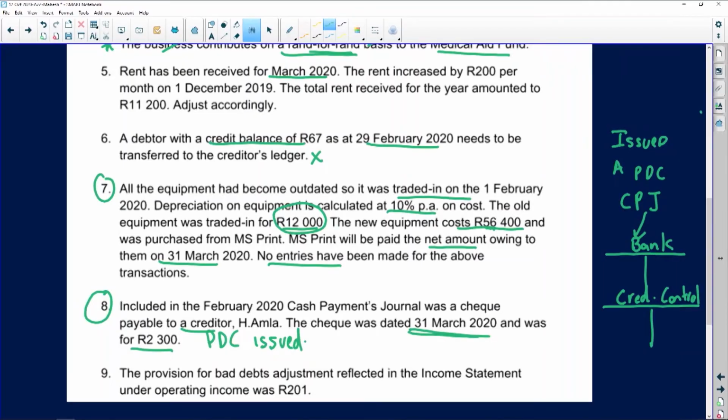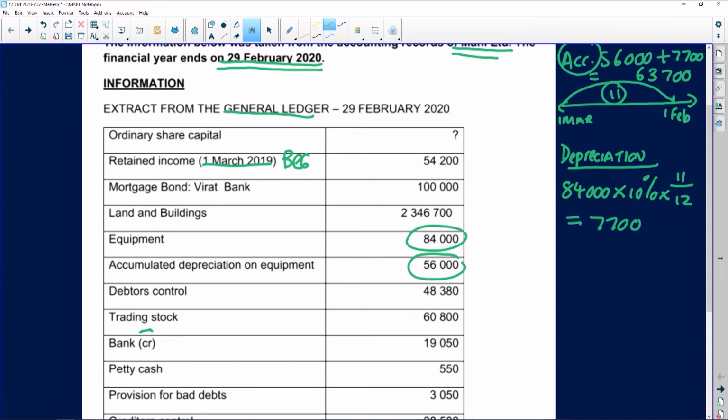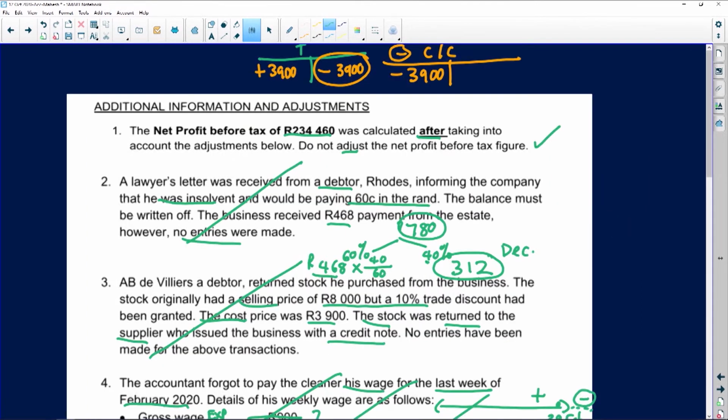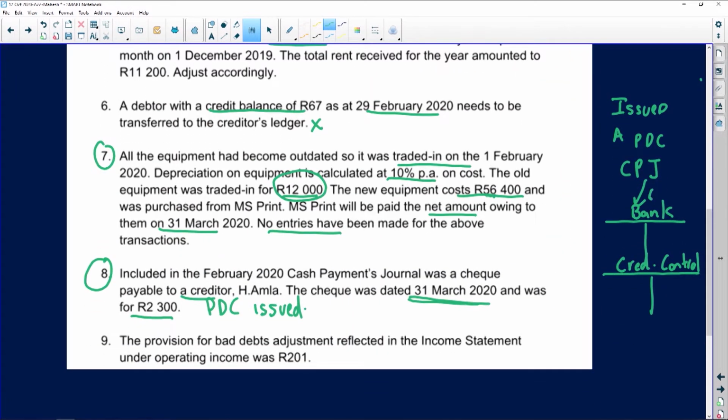Now, let's look at what we've done already in terms of the entry for this transaction. I just want to quickly remind you guys, bank is a liability. Bank had a credit balance, an overdraft, a liability. Bank as a liability decreases on the debit side and increases on the credit side.